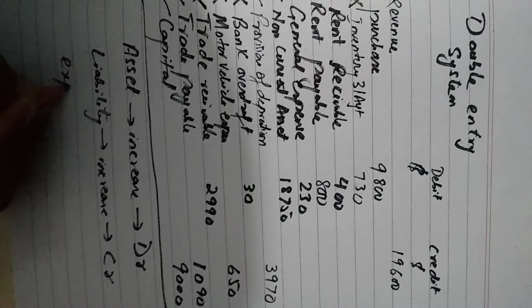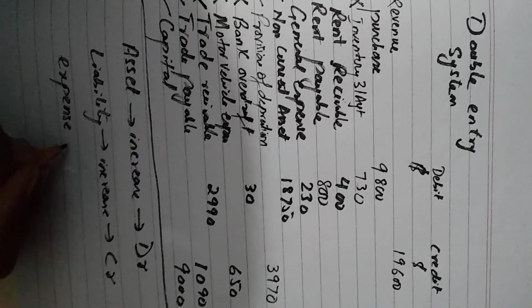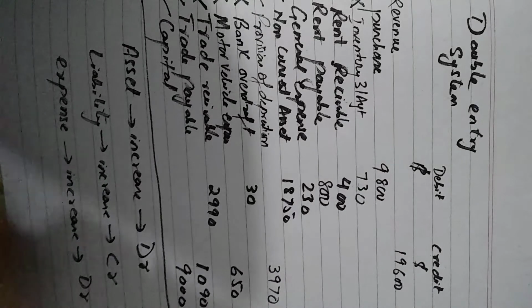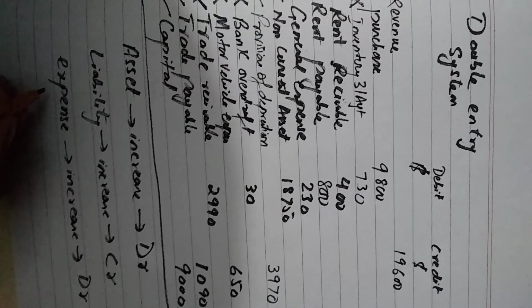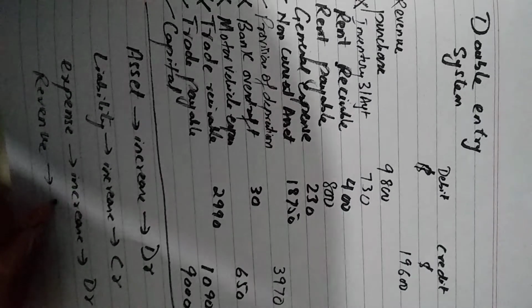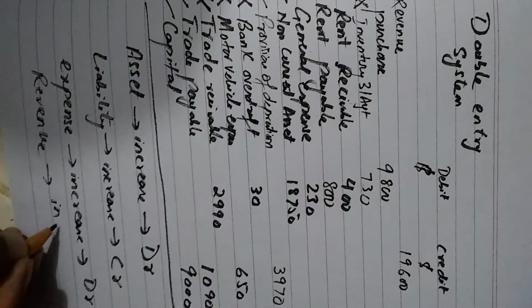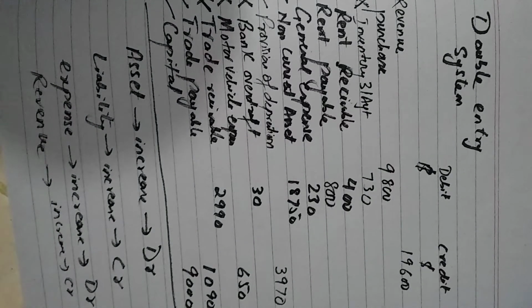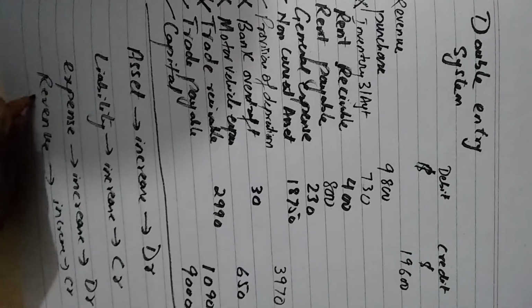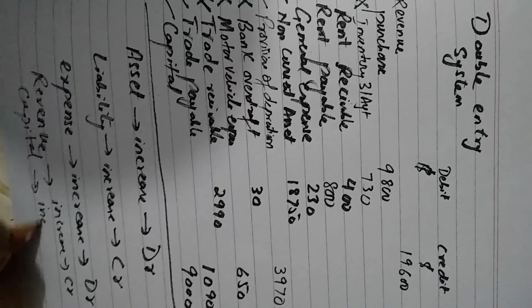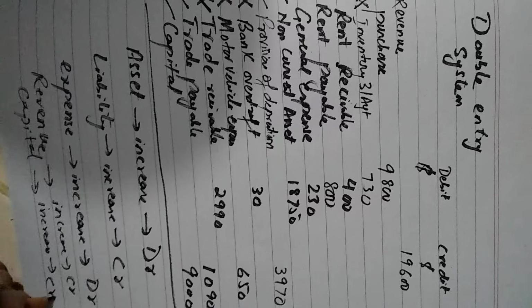When expenses increase, they are recorded on the debit side. When revenue increases, it is recorded on the credit side. When capital increases, it is recorded on the credit side.